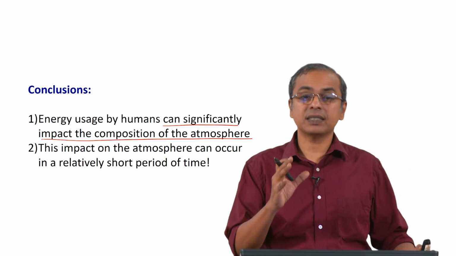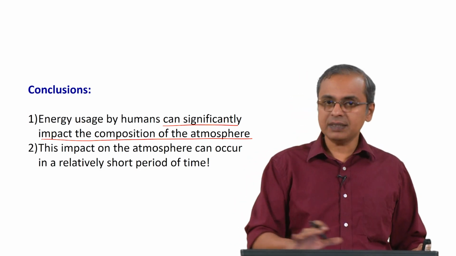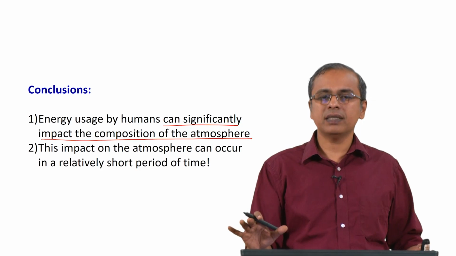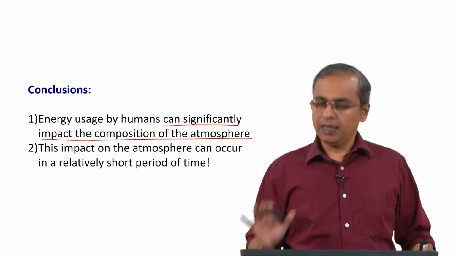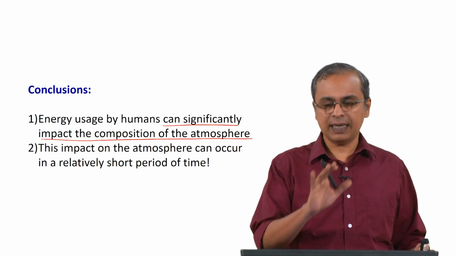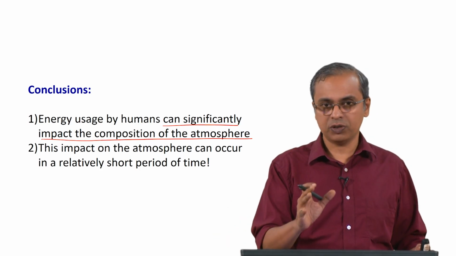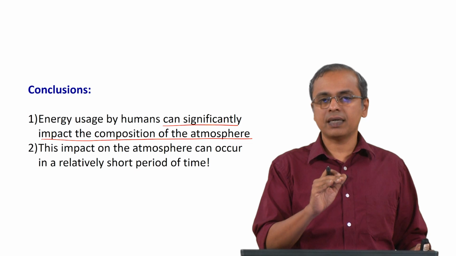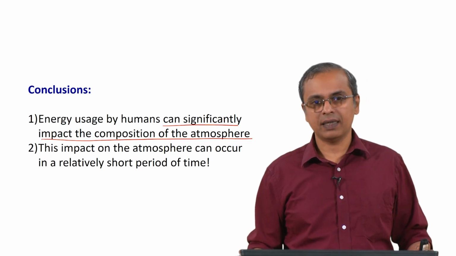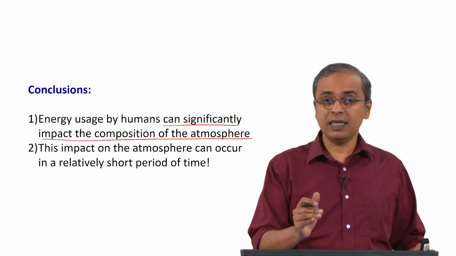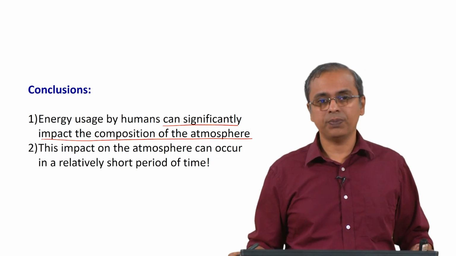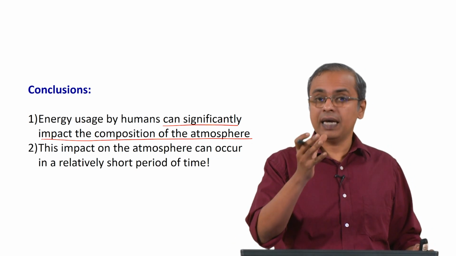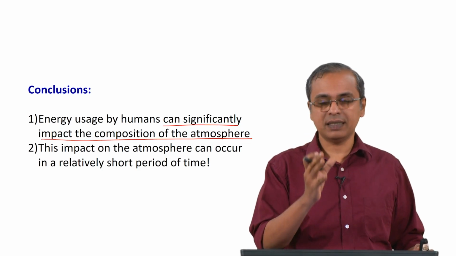But we have just gone through a basic calculation, looking at some of the basic parameters involved, of course making some approximations, which at each stage I tried to explain to you. Based on this we can understand that we are easily doing things that change the composition of the atmosphere significantly in a small time frame, not a very large time frame.